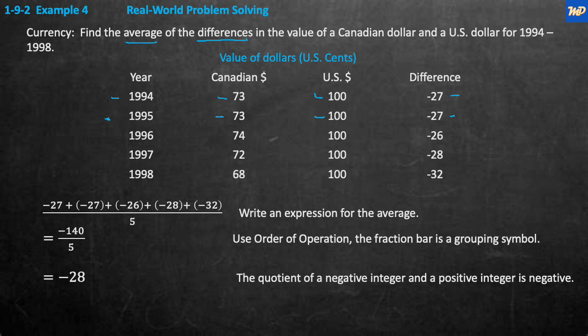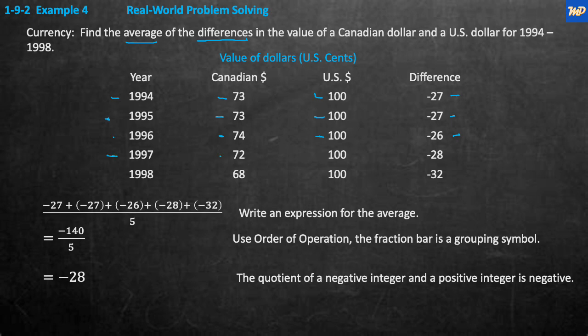In 96, it was 74. It went up. It got a little more valuable. So it was worth 74 U.S. pennies compared to 100 U.S. pennies. So that meant that the difference was that it was 26 cents less valuable. In 97, it's 72.